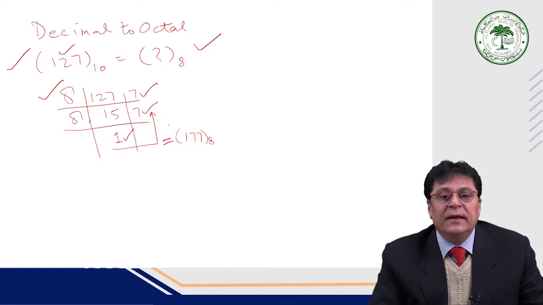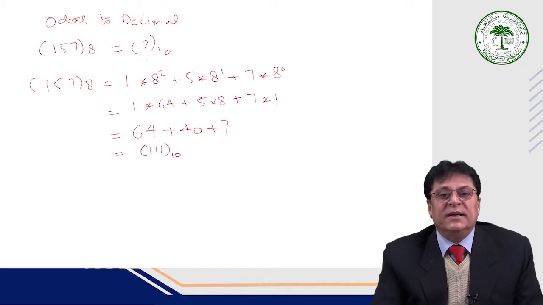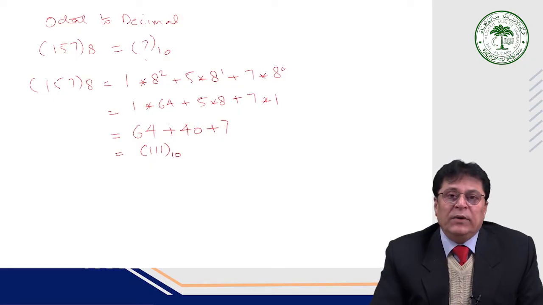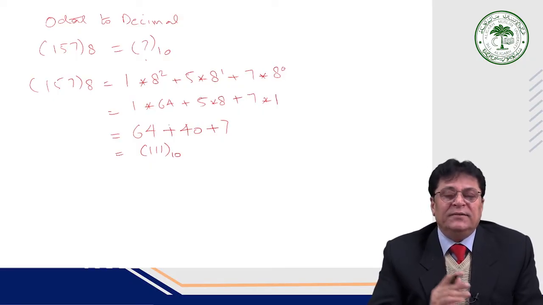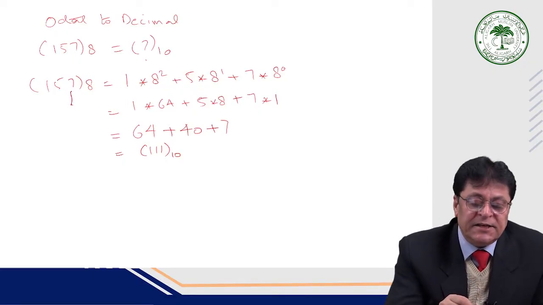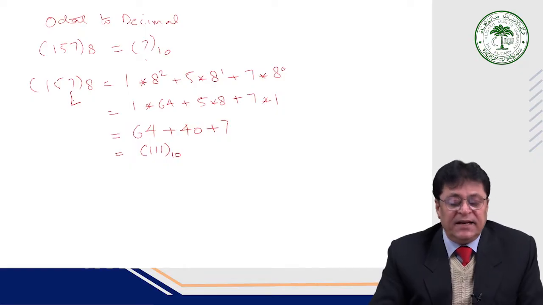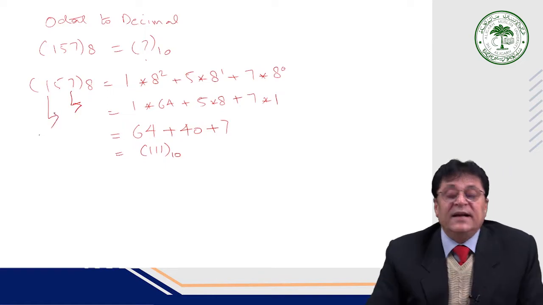Similarly, for octal to decimal conversion, we discussed that whatever base we would like to change from, when we convert it into decimal, we will start from this digit, which is the least significant digit, and this is the most significant digit.